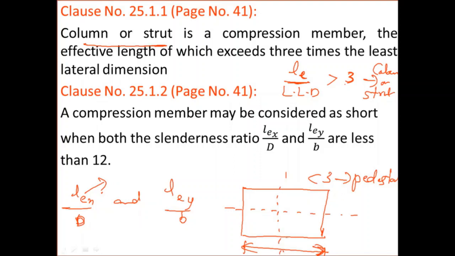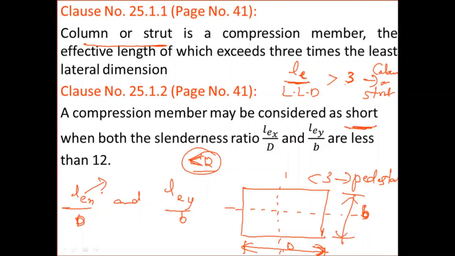This dimension is taken as D and this dimension is taken as B. If both values, Lex by D and Ley by B, are less than 12, then the compression member is considered short.